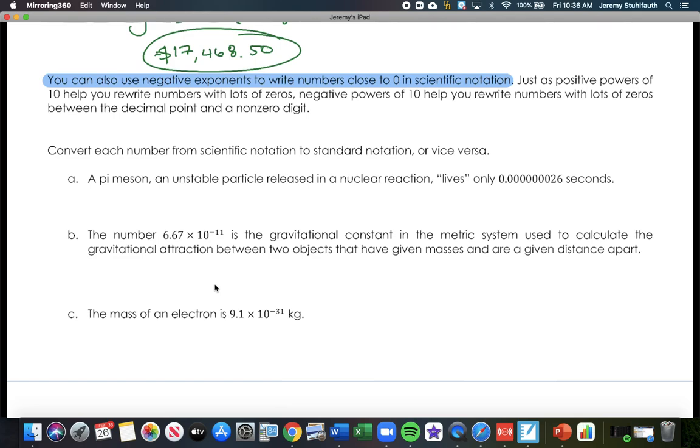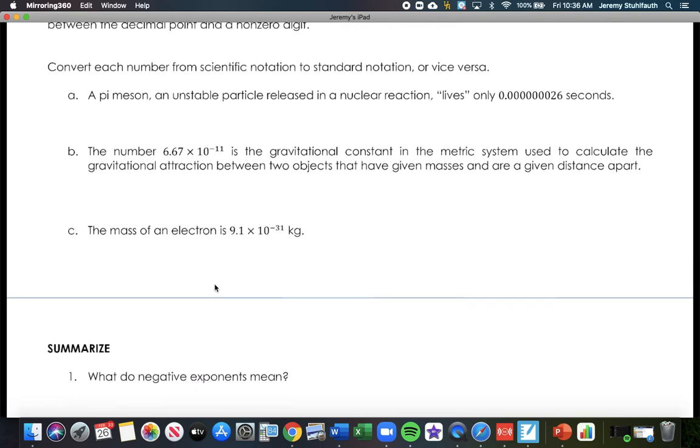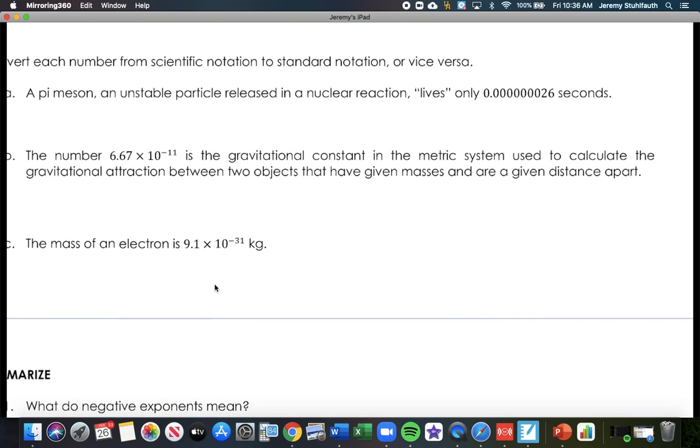So, in this example, we're going to convert each number from scientific notation to standard notation, or vice versa. So here we have this example. It says a pi meson, an unstable particle released in a nuclear reaction, lives only 0.000000026 seconds. So if we wanted to write that in scientific notation, remember we'd have to have it in the form a times 10 to the nth power.